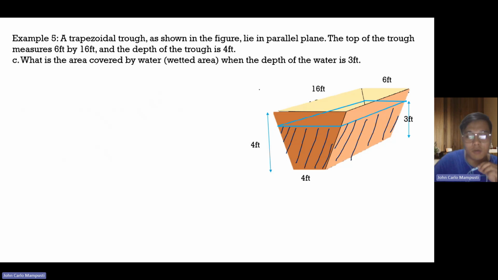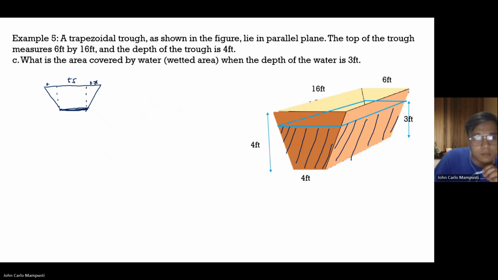So, paano ba natin makakompute yan? Balikan natin yung kanina, no? Okay. So, this is 5.5. Ano yung sabi natin dito kanina? This is 0.75, right? Okay.